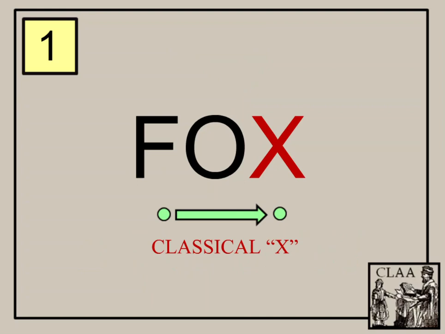The first sound made by the English letter X is the classical double sound x, x, x. Let's read this word together with the classical double sound. Fox, fox, fox, fox.